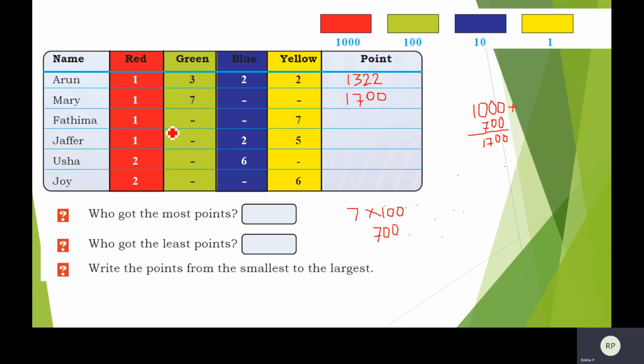Alright, now the next one. Let's find out the next one. So this is one red card, so this is 1000.